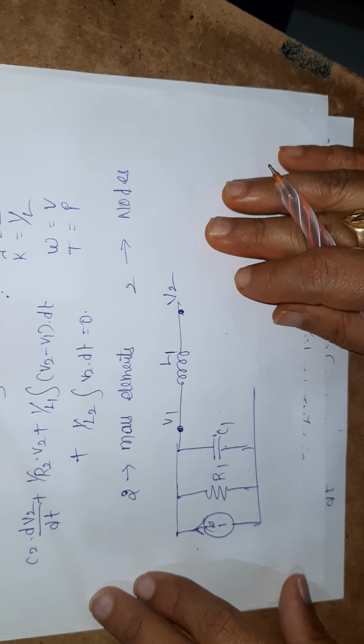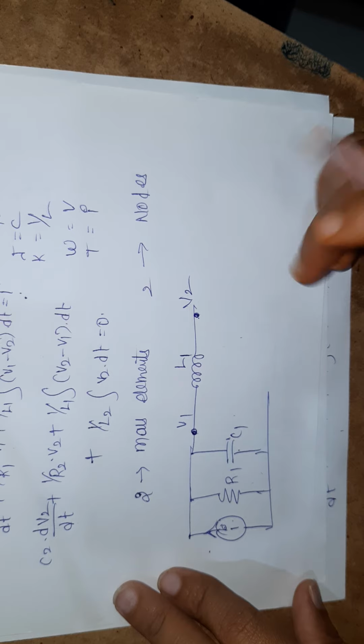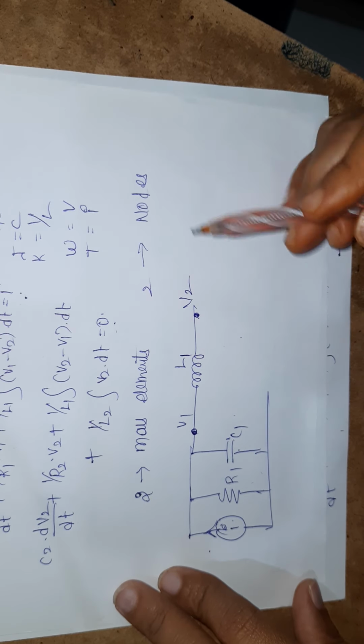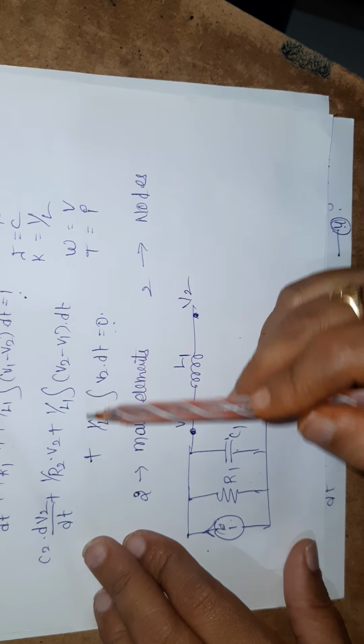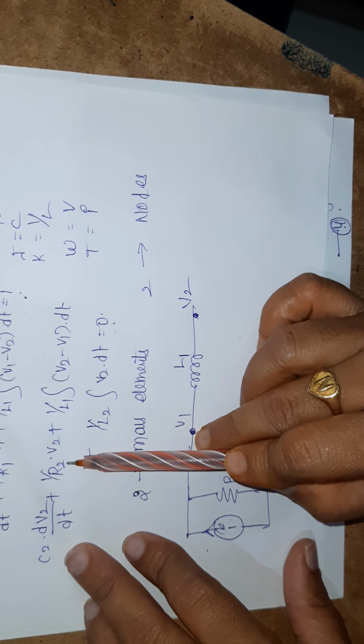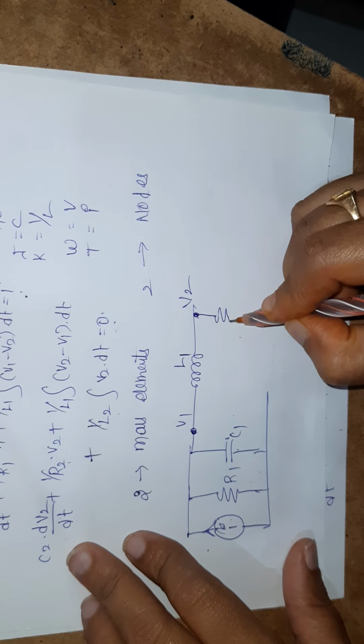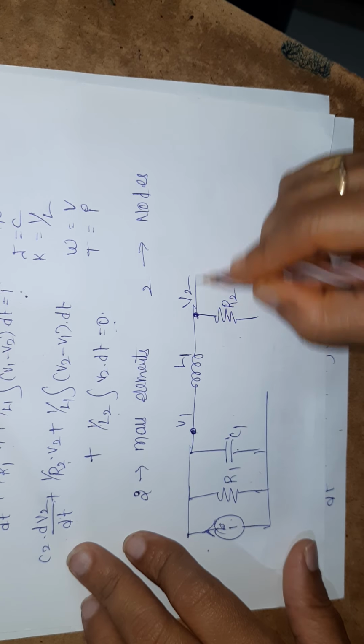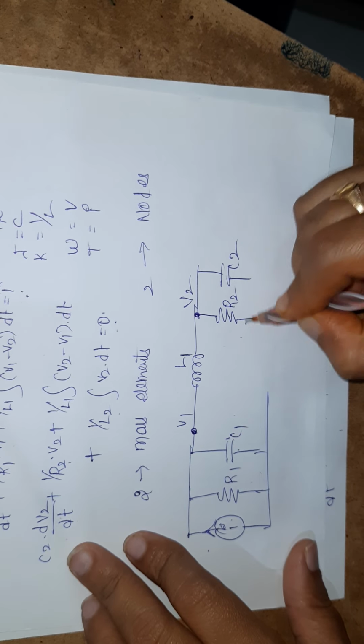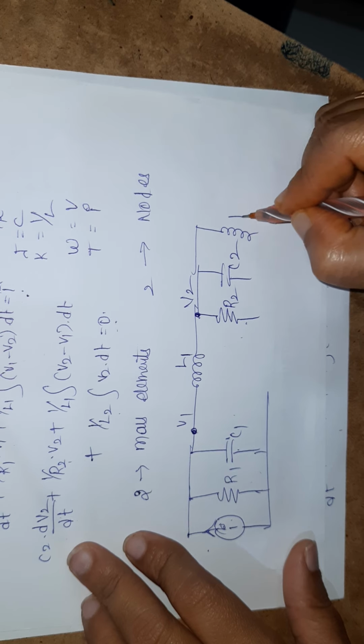Done. Next, consider the second equation. Here we do not have any sources. Next, for this node, C2, R2, L2, right? C2, R2, L2.